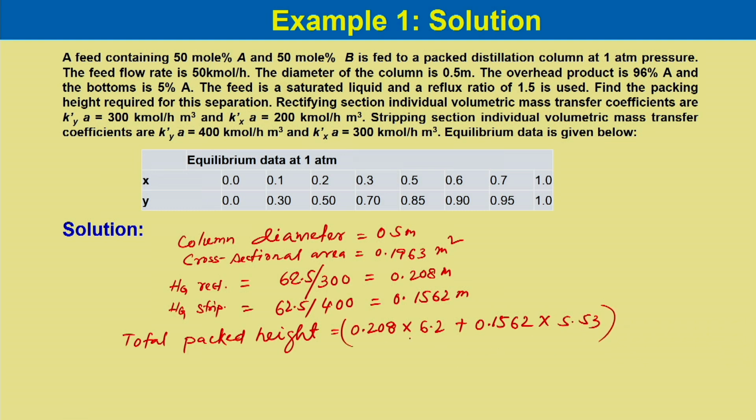So, this many meters is the height of the tower, and it would give about 2.15 meter. So, this way we can solve packed distillation column problems for a particular separation and obtain the height of the tower.